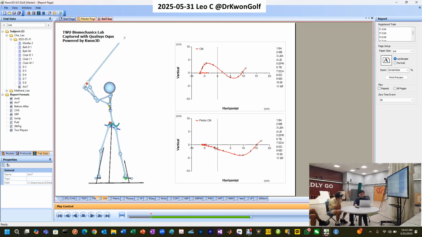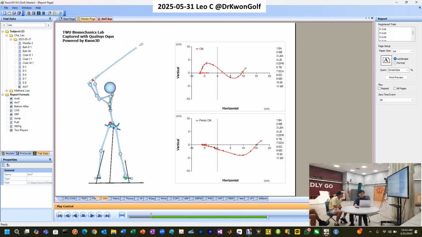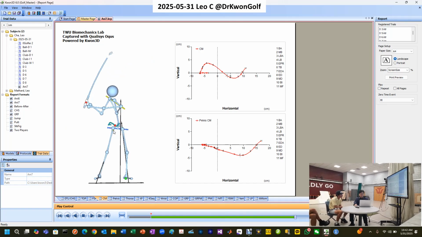Because the backswing is slow here, you have a two-stage backswing. In the backswing up to this point, you're pretty much rotating here, and then you start moving the body before the downswing starts here.